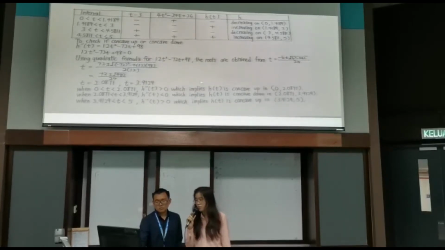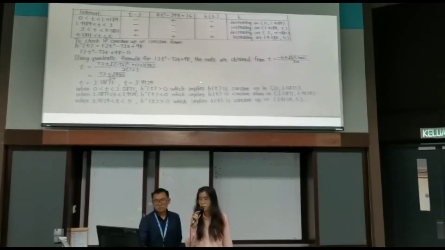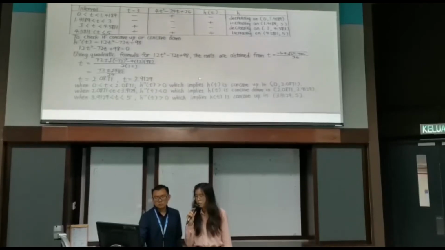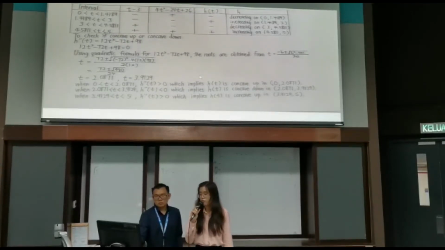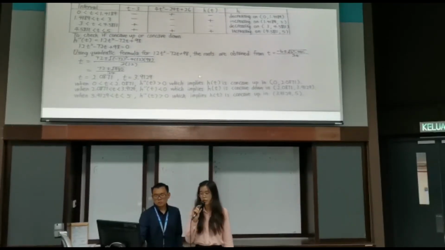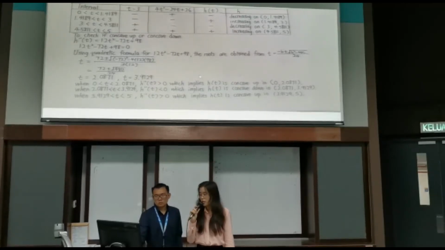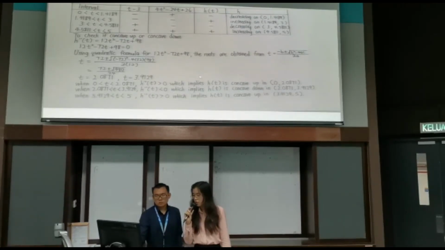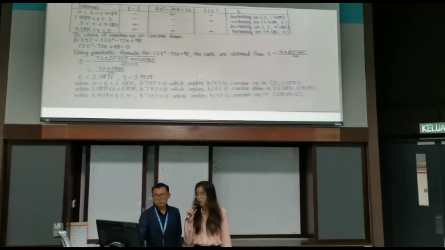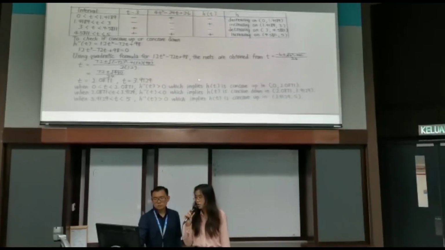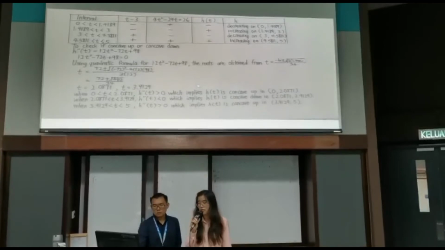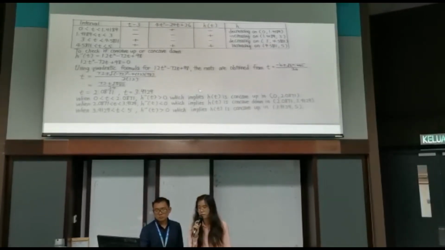When t is between 0 and 2.0871, the second order derivative of h is bigger than 0, which implies h(t) is concave up in 0 and 2.0871.